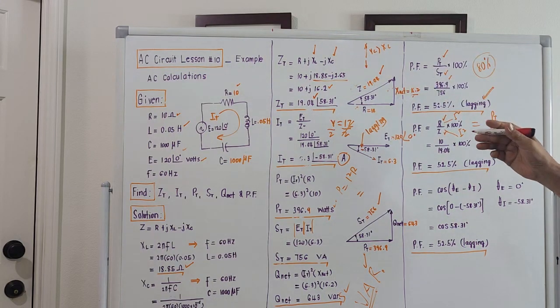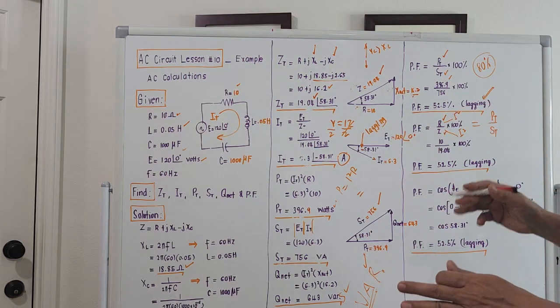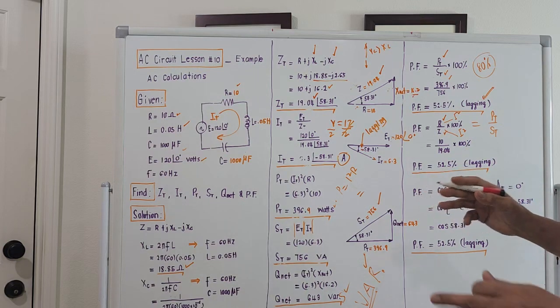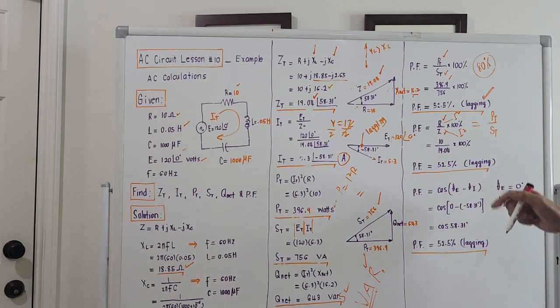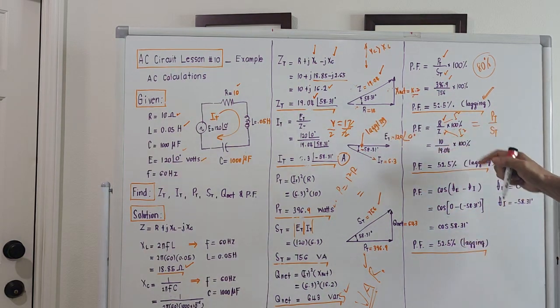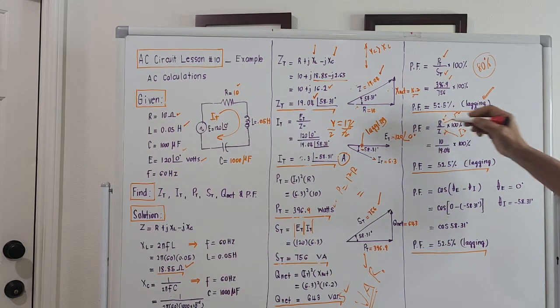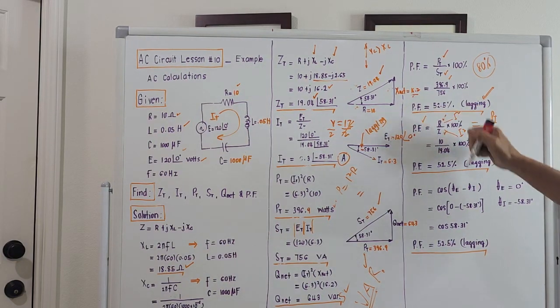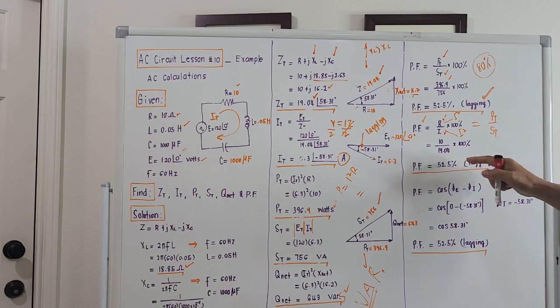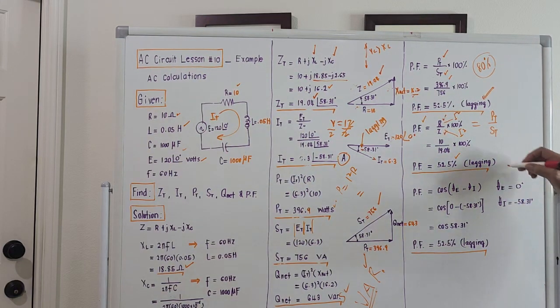So supposing you have a problem in which the true power and apparent power are not given, and only R and Z are given, you could go directly to the ratio of R over Z, and that will now be the power factor. So this is 10 over 19.04 times 100%. It is 52.5% and still lagging because the net reactance is inductive. If the net reactance is inductive, it is a lagging power factor.